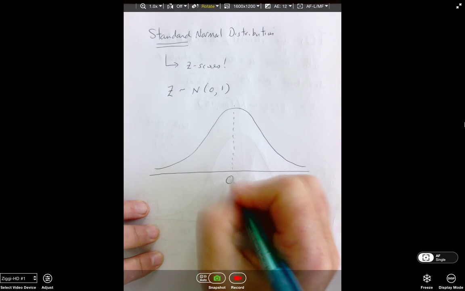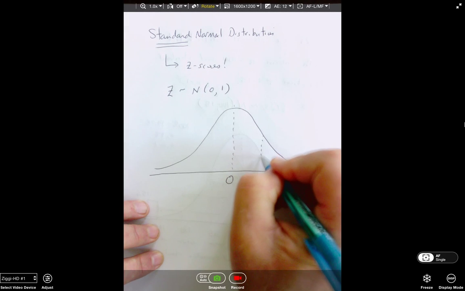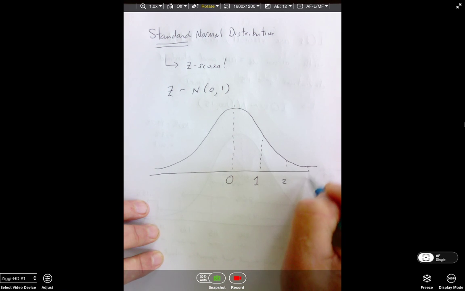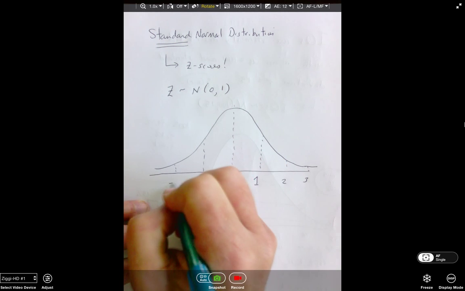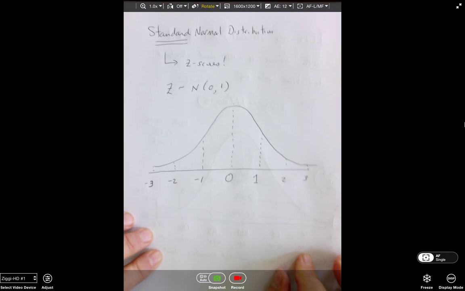We know that this will be centered at the mean. It's mean 0. We know that this value right here is 1, 2, 3, and so on. So this is going to be -1, -2, and -3.